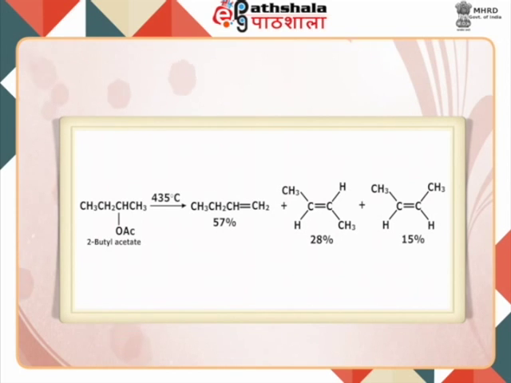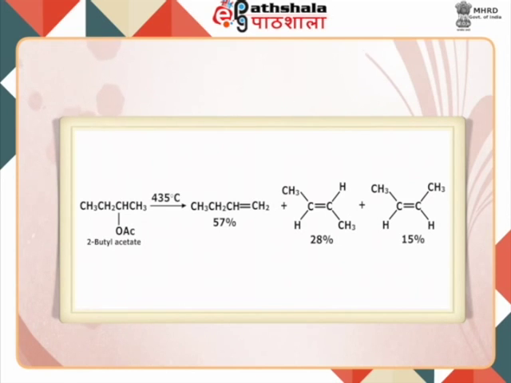If two or more syn periplanar arrangements are available, the one with least crowding is preferred. Pyrolysis of 2-butyl acetate, as you can see here, affords a mixture of 1-butene, cis-2-butene and trans-2-butene with the trans to cis ratio around 2.